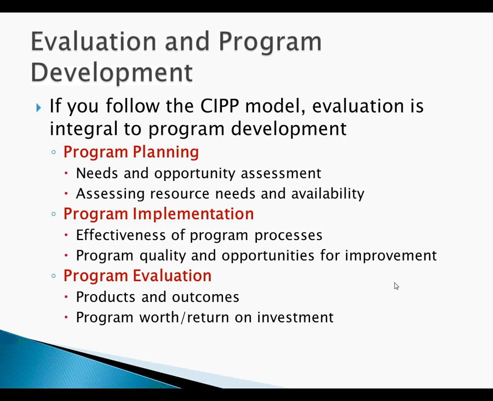Program implementation includes process evaluation, really looking at things like assessing program quality and opportunities for improvement. And evaluation of results and outcomes picks up on the product evaluation from the CIPP model. And we start to look at things like return on investment, whether a program was worth the resources invested in it.